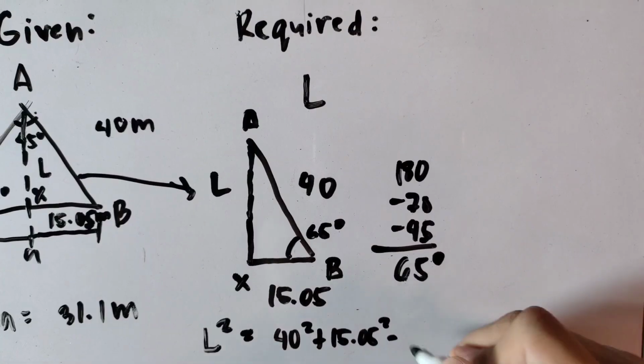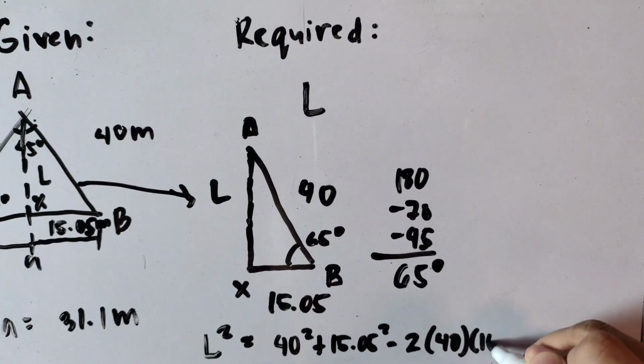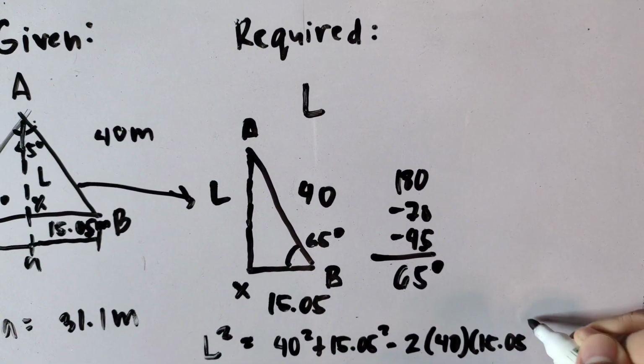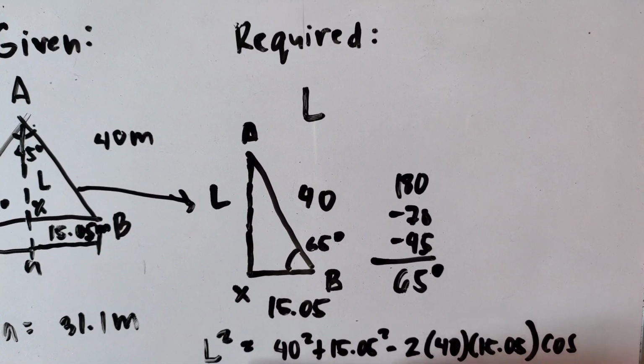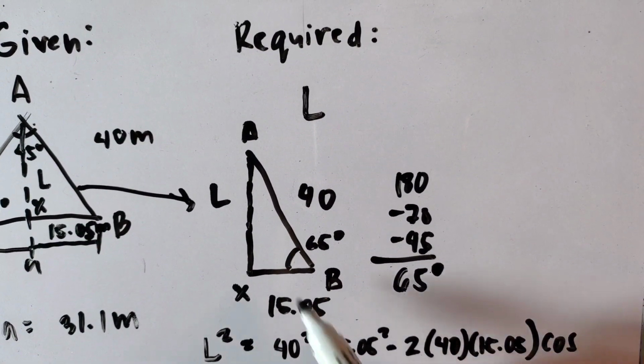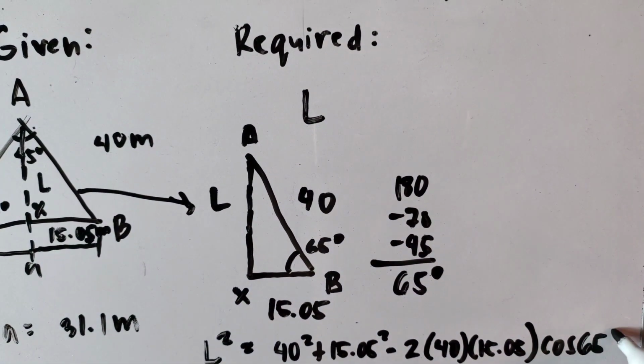minus 2 times 40 times 15.05 cosine yung angle opposite the side na hinahanap natin. So ano bang opposite sa L? Yung B. So cosine 65 degrees.